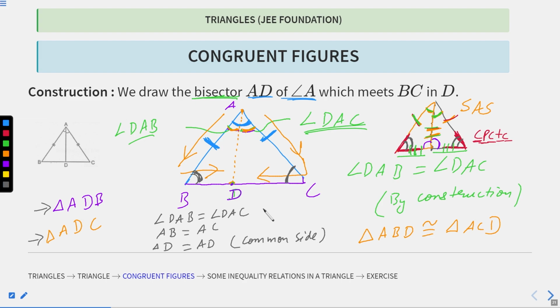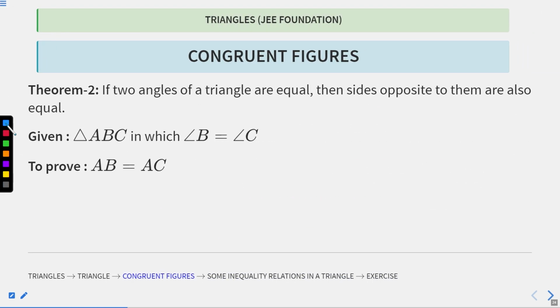Let's see another theorem. Theorem 2 says that if two angles of a triangle are equal, then the sides opposite to them are also equal. Let me draw so that you can understand. If this angle is equal to this, then the opposite sides are also equal in length.